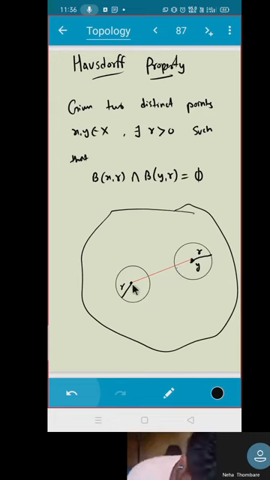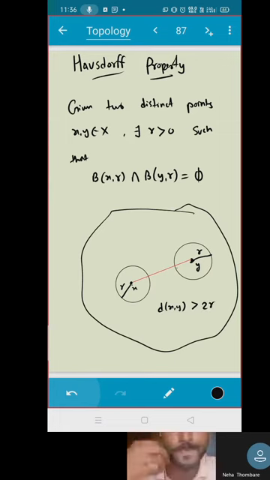Because from here to here is r, and from here to here is r, so the distance of x and y is greater than 2r, isn't it? So I just need to find this r. Think about it properly. Can you find this r?